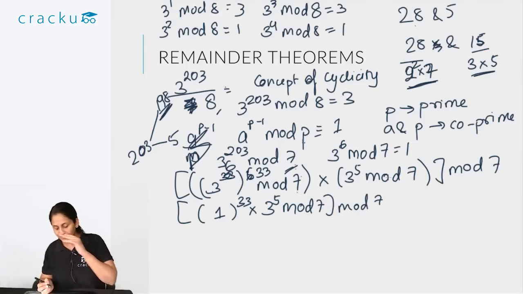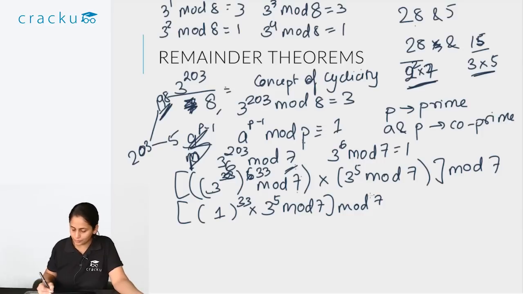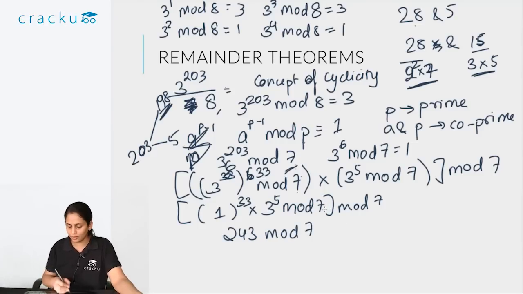Because it is 3 raised to 5 mod 7, this is essentially 243 mod 7. Again 243 mod 7 into 1, so essentially I have 243 mod 7 as the final value. So I can just use divisibility over here, and I get 5.